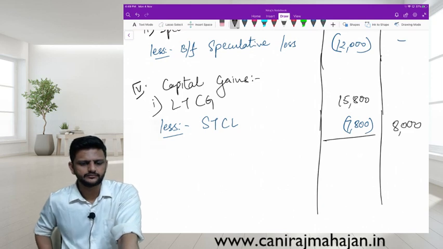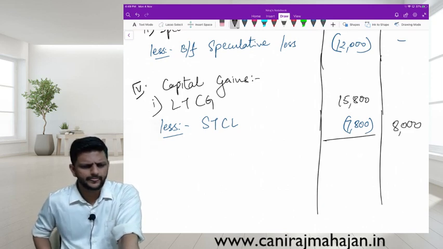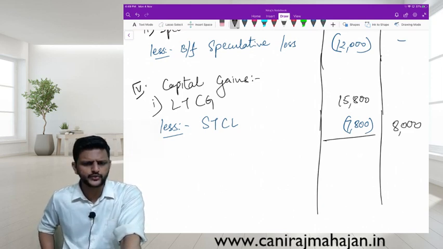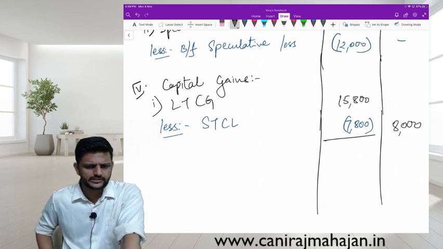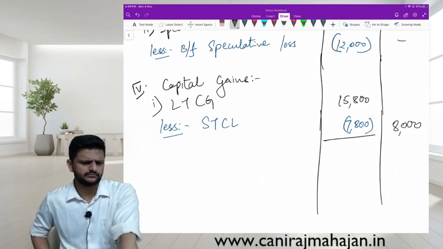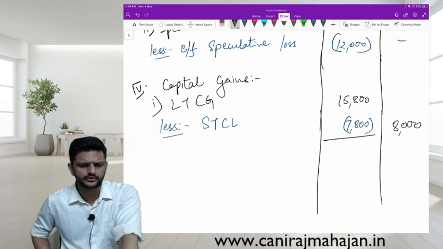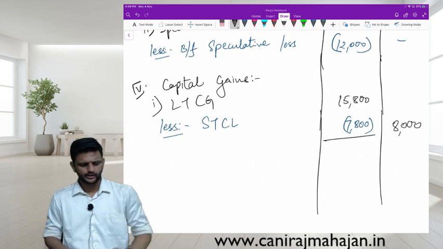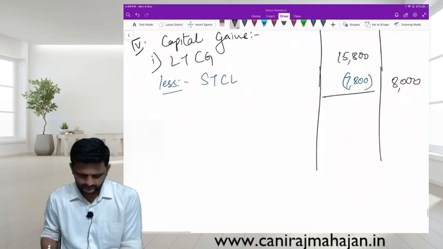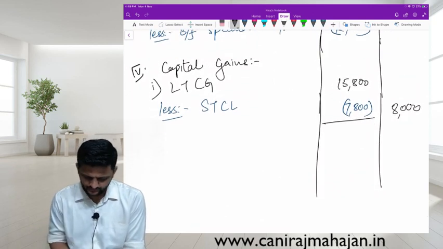Anything else? We have income from other sources losses, but we'll have to put that in the notes. That is it. How much is the amount over here? 1,38,000.